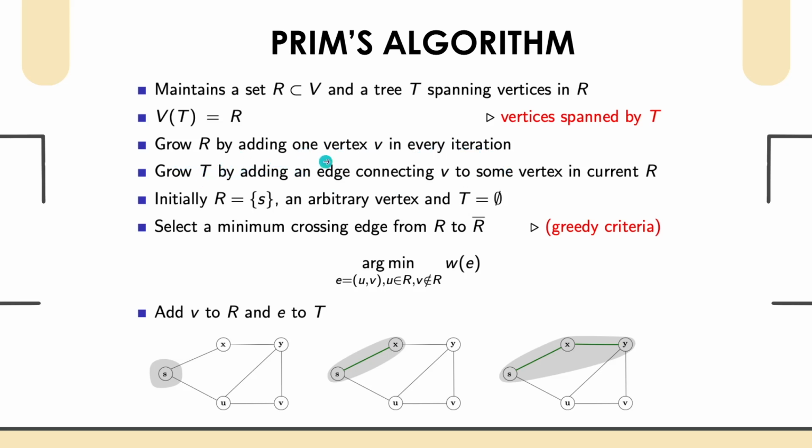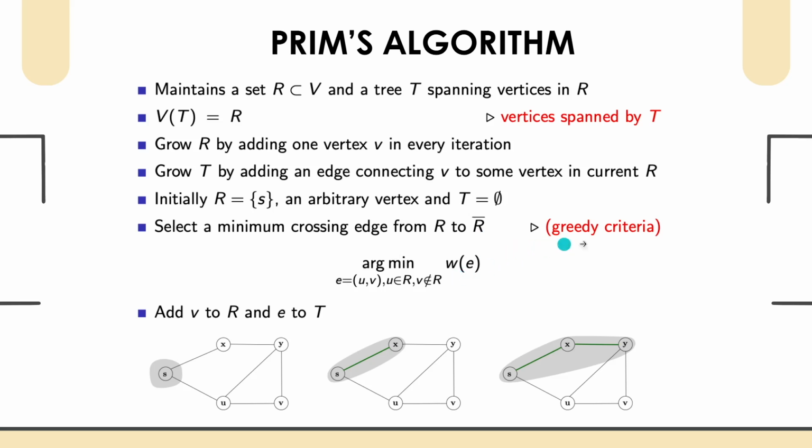We add a vertex to this tree in such a way that the particular vertex is not already present, and it should have the least cost. Initially R will have the start vertex alone, which could be any arbitrary vertex, and T is going to be empty, and then we select a minimum crossing edge from R to R bar in such a way that its cost is minimal.